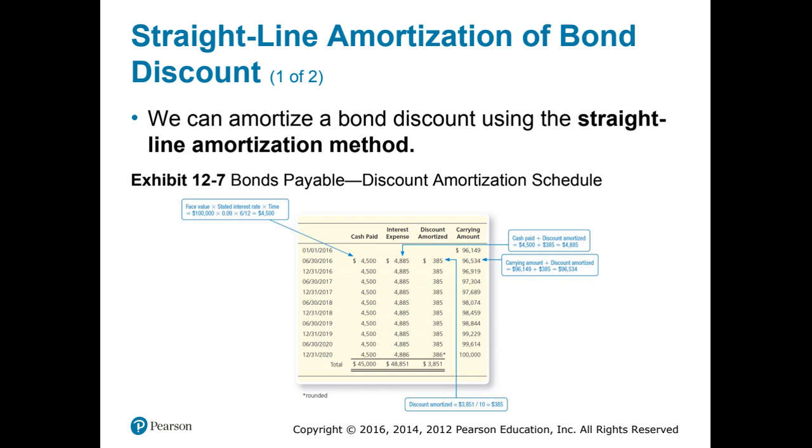And you can read in here the formulas and how they calculated each of those. To calculate the discount amortized, you would take the $3,851 divided by 10, which gave you the $385.